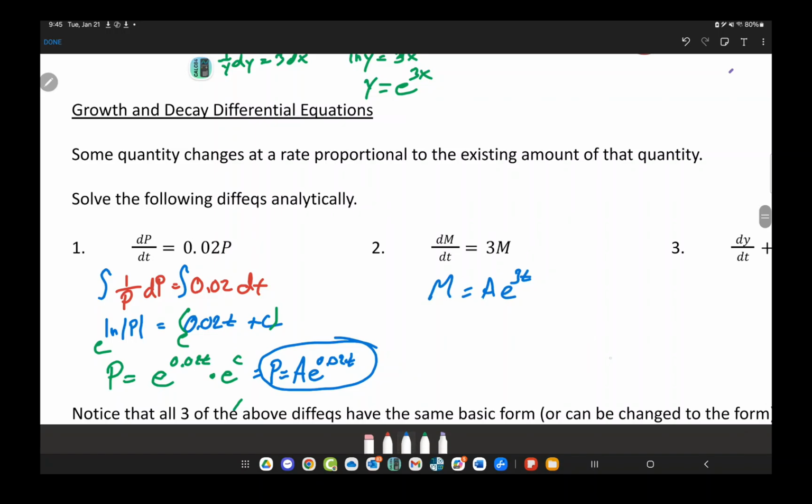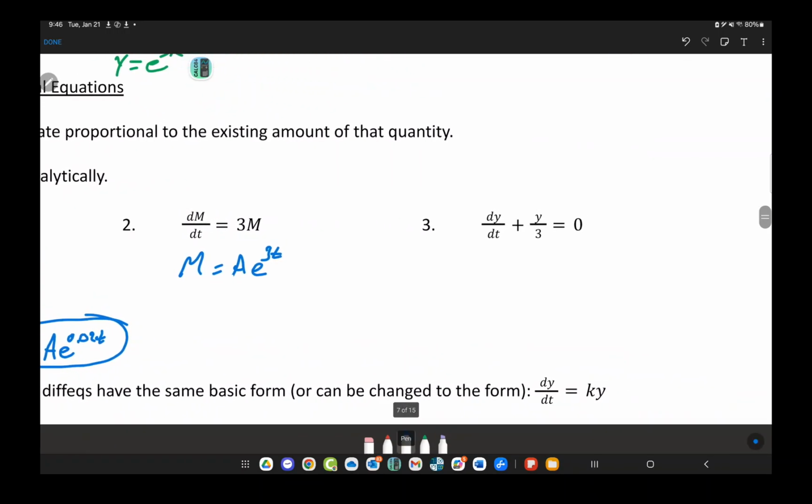Number 3 is a little different. What do you want to do first? So dy over dt is equal to negative y over 3. So 1 over y dy equals negative 1/3 dt. Now that we have stuff like this, we kind of know what our answer is going to be, but just go ahead and process.